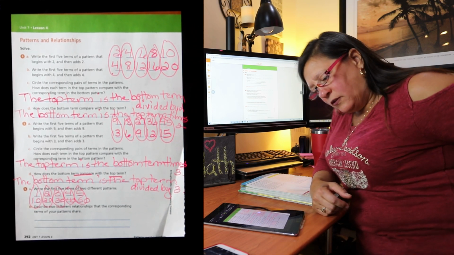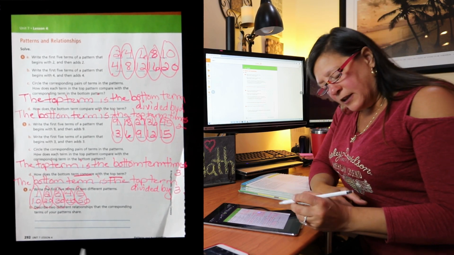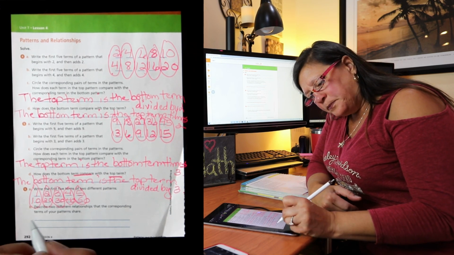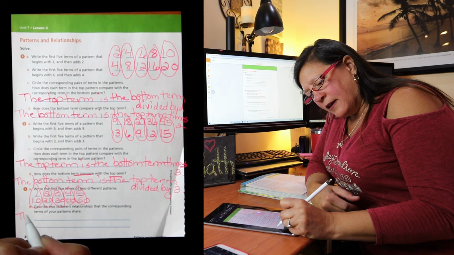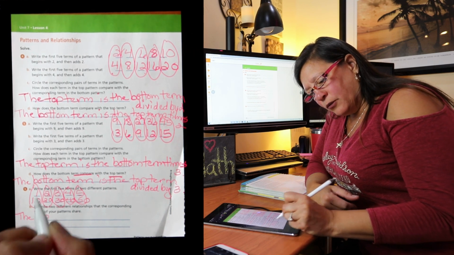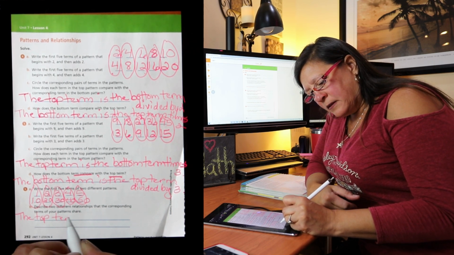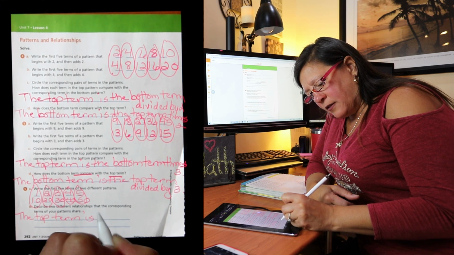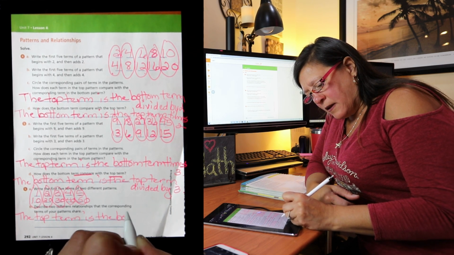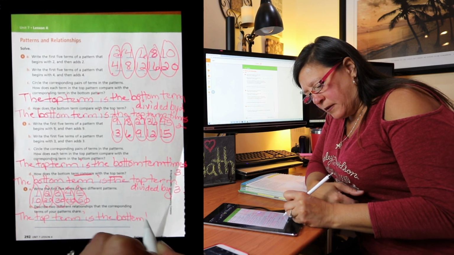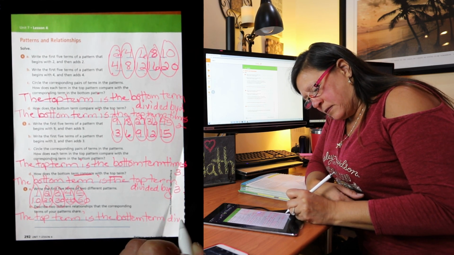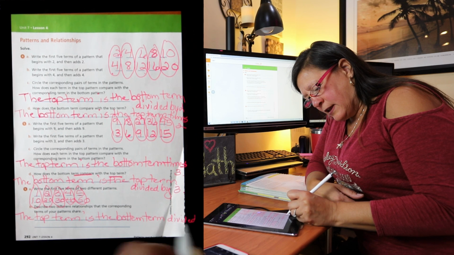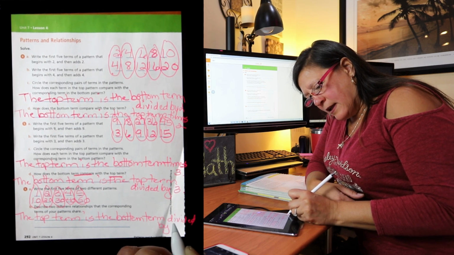Describe 2 different relationships that the corresponding terms of your pattern share. Well, let's look at the top term, which is 1, is the bottom term divided by 10.